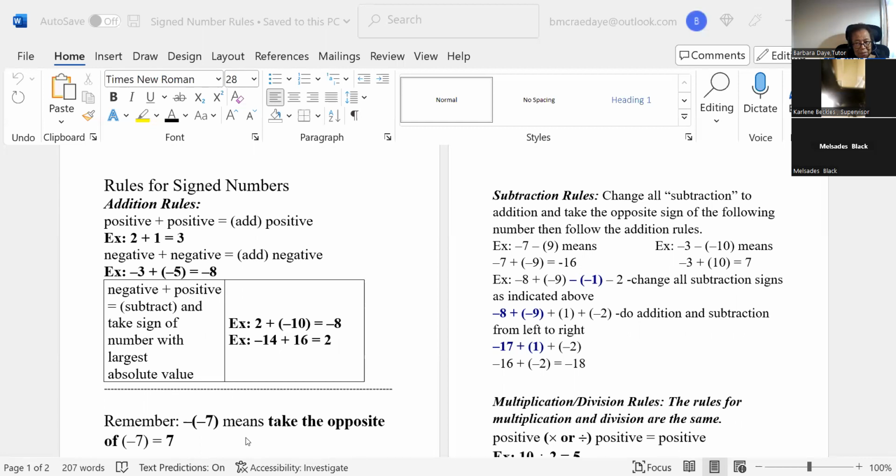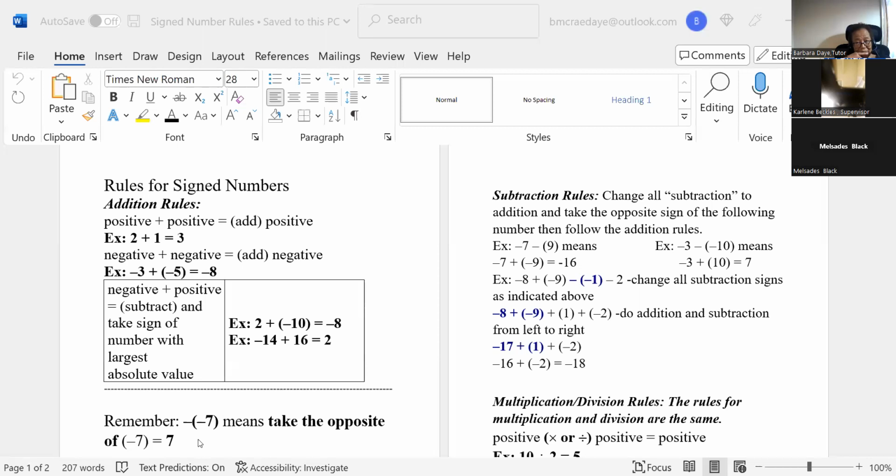Remember negative and the bracket and -7? Oh, that's the one that gets me a little. Yeah, it's tricky. I know, that's why I put it here. When you have a negative outside the parentheses and a negative inside, you take the opposite of the negative, which is a plus. So the opposite of the -7 is a +7. So just remember that.